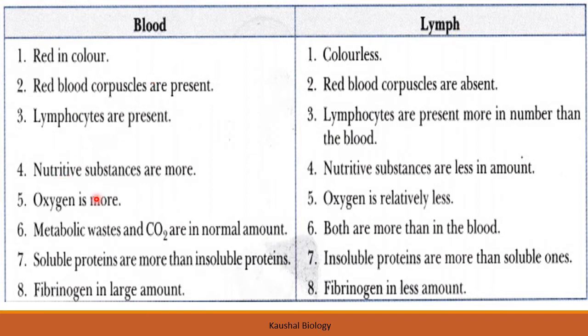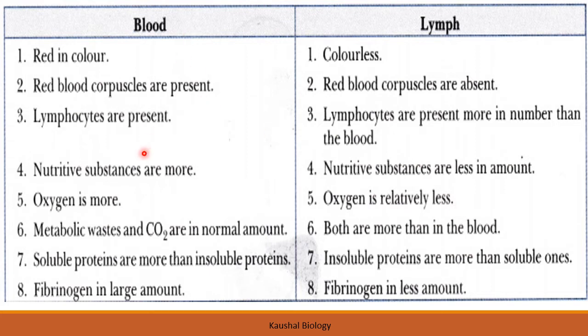Now here in the blood, you will find nutritive substances are more. In the lymph, the nutritive substances are less in amount. Blood carries more oxygen and lymph carries relatively less oxygen. Right?